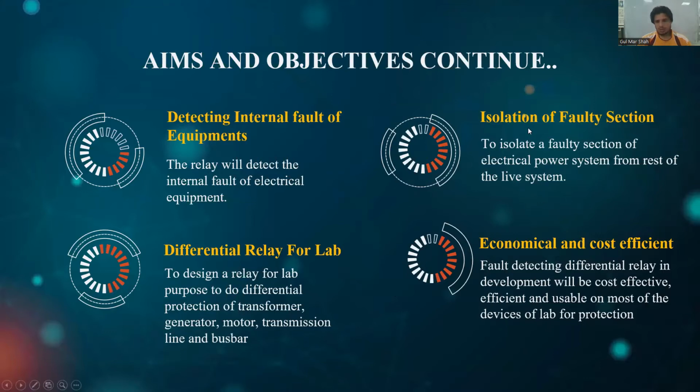The second one was isolation of faulty sections. When a fault occurs in the internal system, whether it is a generator, transformer, motor, or transmission line, this differential relay with the help of the circuit breaker will isolate the faulty section from the rest of the sections.